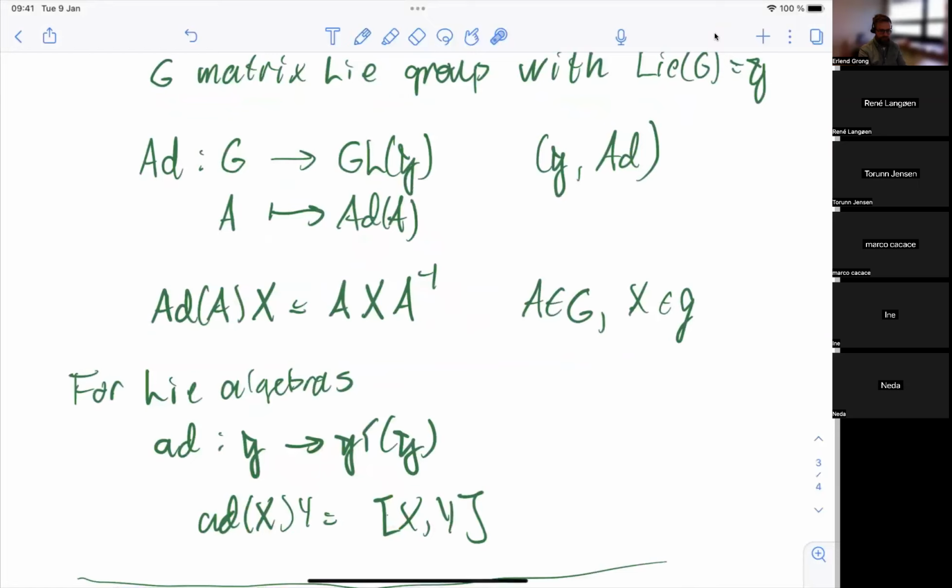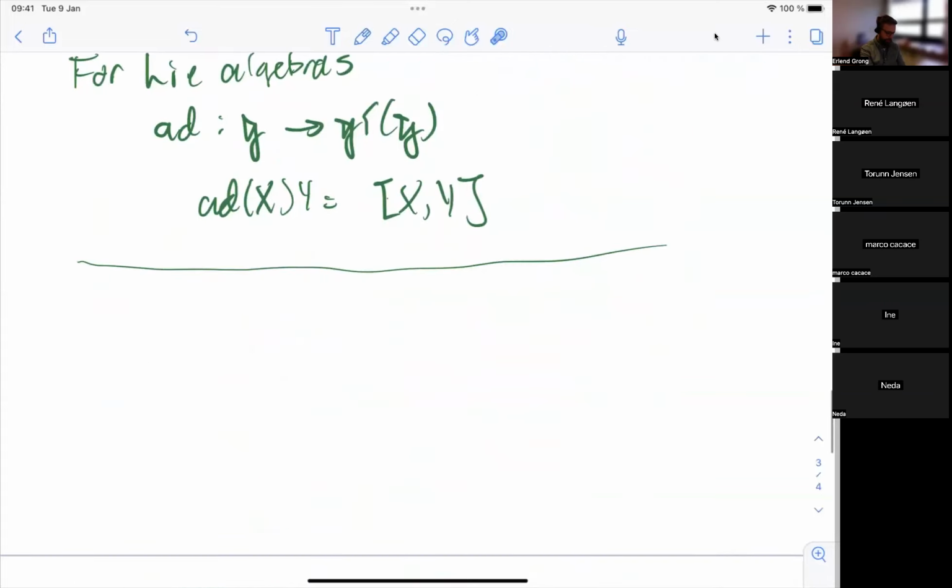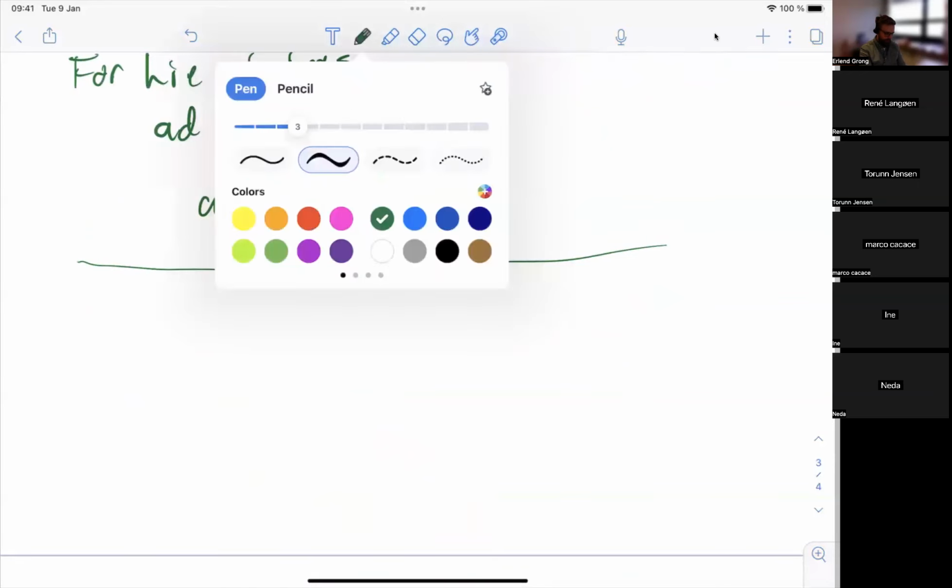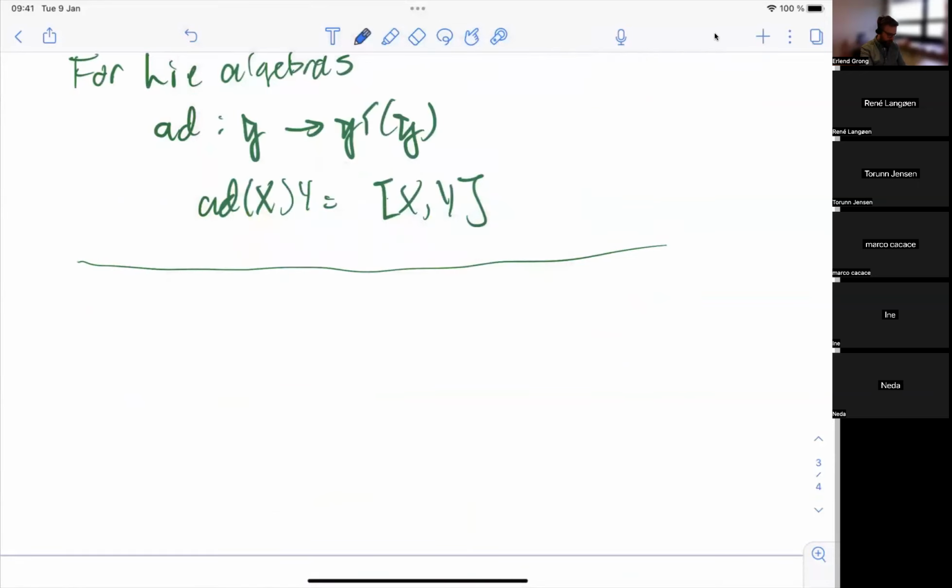Since G and GL of a vector space, and small gl of a vector space, are matrix Lie groups and matrix Lie algebras once we've chosen a basis, we can use our previous results to get the following relations.